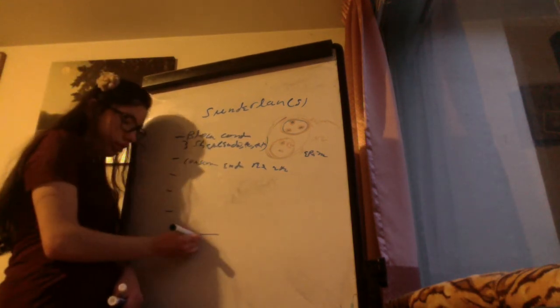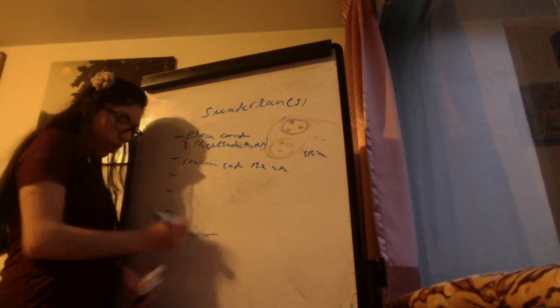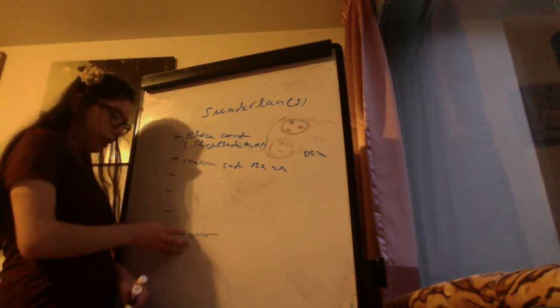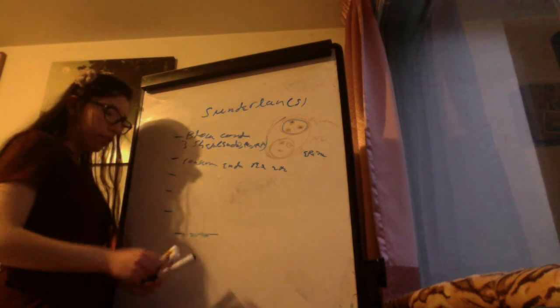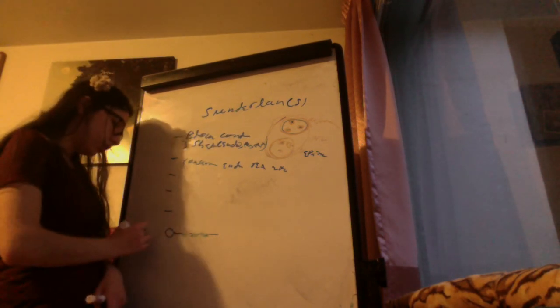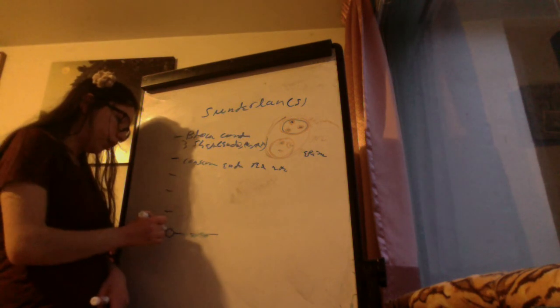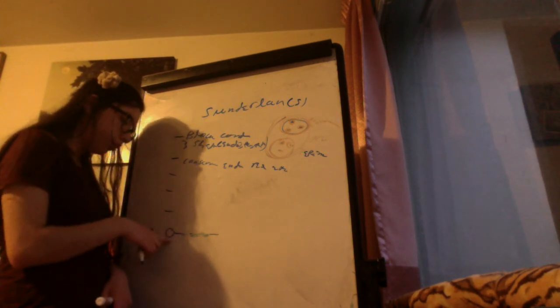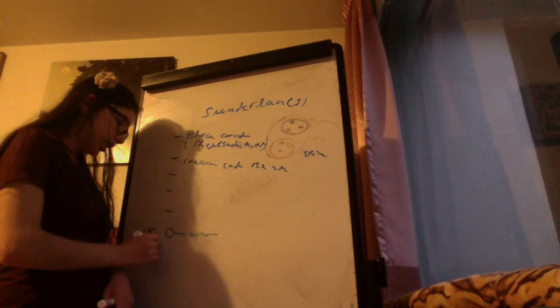So here we have Schwann cells. If there is damage to the axon, transection of the axon, remember that we would have chromatolysis on the body of the neuron, axonal regression.